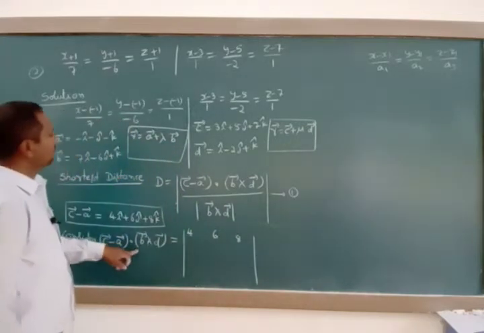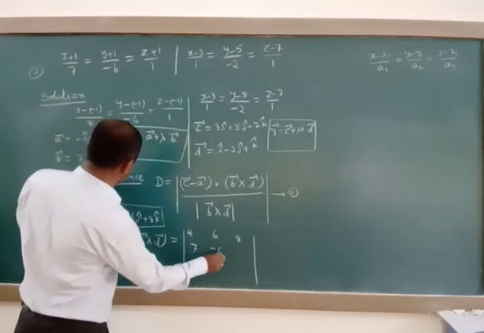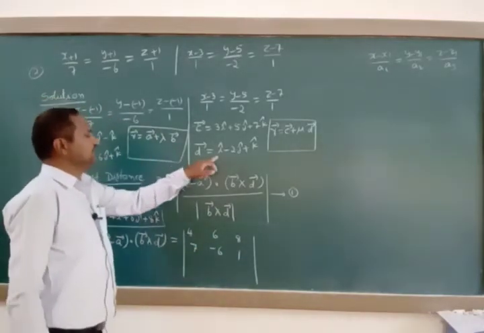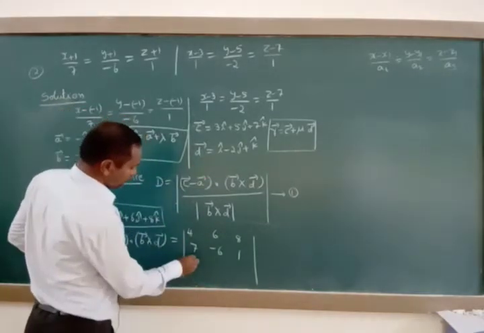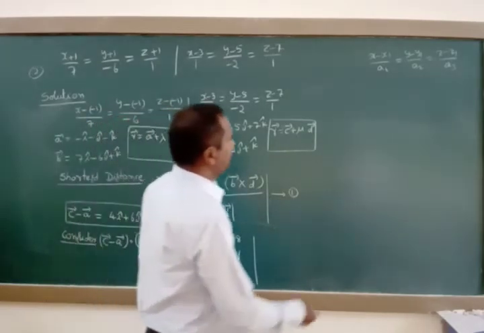From b vector, the coefficients of i, j, k are 7, minus 6, 1. From d vector, the coefficients of i, j, k are 1, minus 2, 1. Now we expand this.